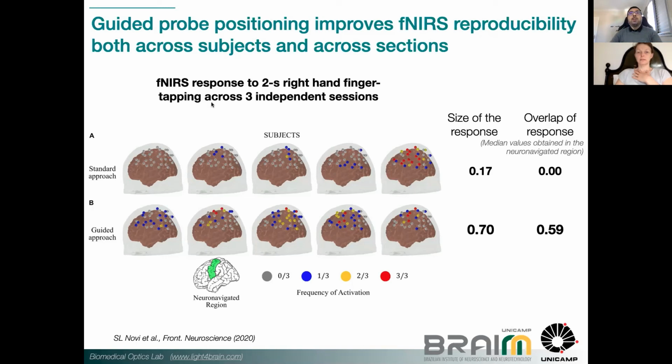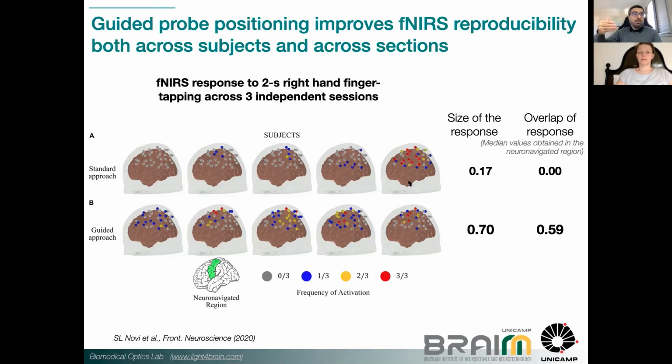Right? So the top row is 5 different subjects. With the standard approach, we repeat the same protocol 3 times on 3 different days. And what you can see is that the reproducibility is quite low in at least 4 of the 5 subjects, right? So the color you see is the number of times that the channel was activated in every single session, right?